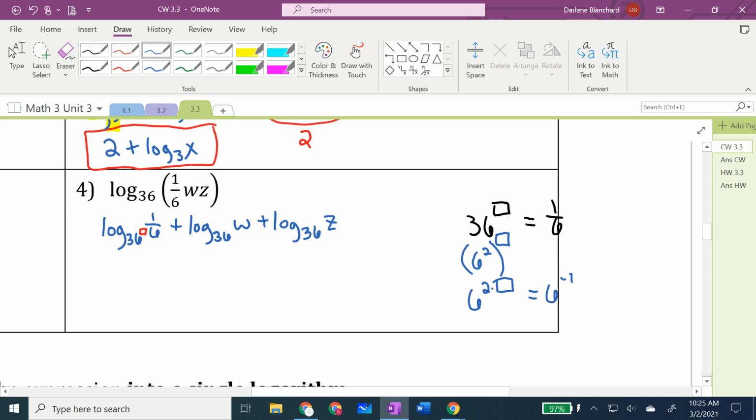So if the bases are the same in an equation, then the exponents are equal. And what does that make this number simplify to? -1/2. And then you just write the rest of it after that.